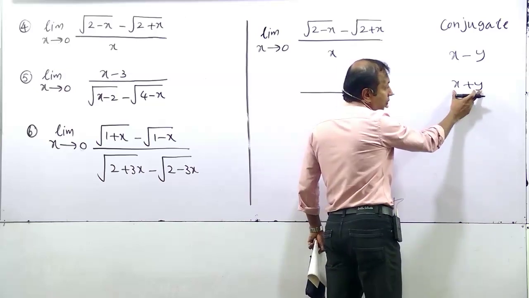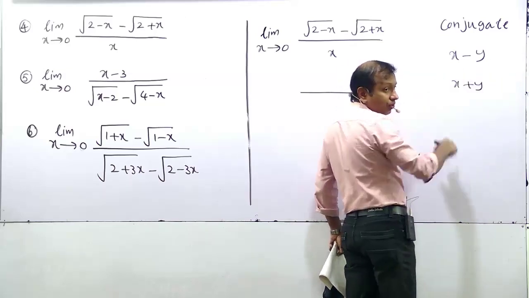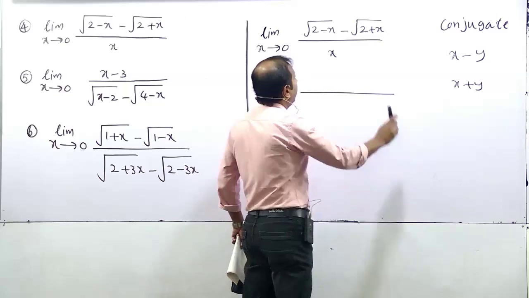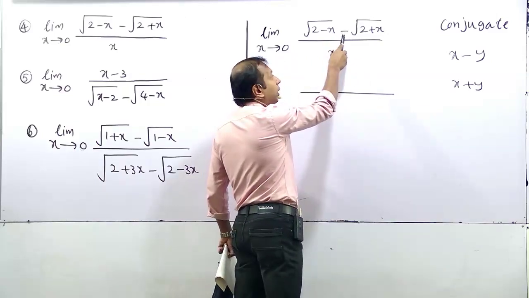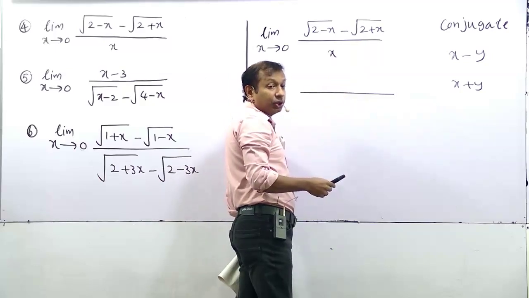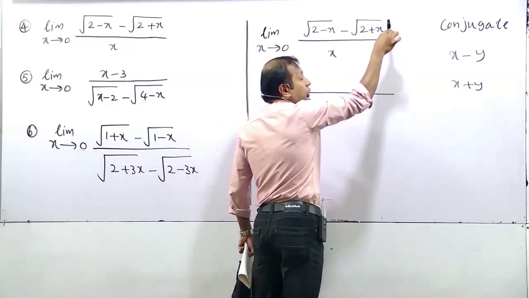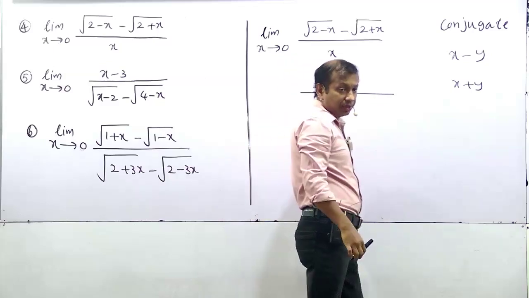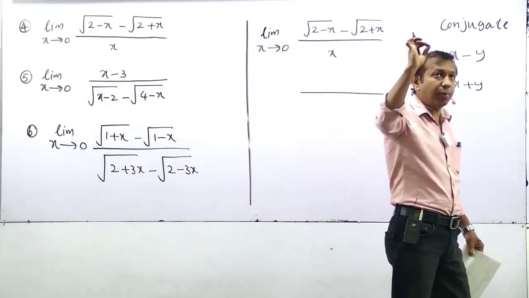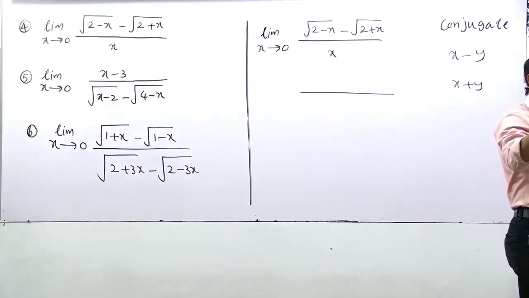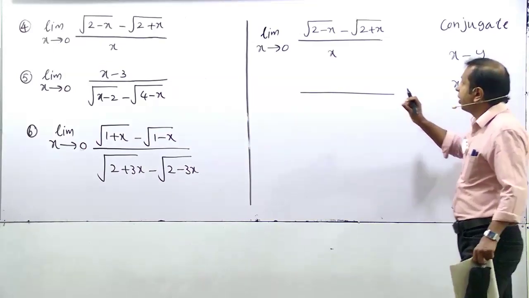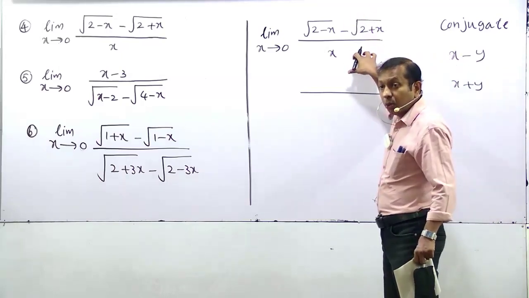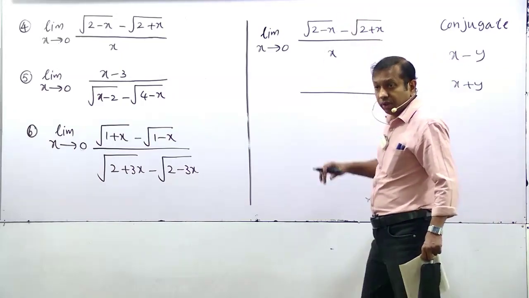If the original expression is x plus y, its conjugate is x minus y. So the conjugate of this numerator is this plus this. By that conjugate, we multiply both numerator and denominator. Understand? We know when we multiply both numerator and denominator by the same value, the fraction won't change. Okay? Right.